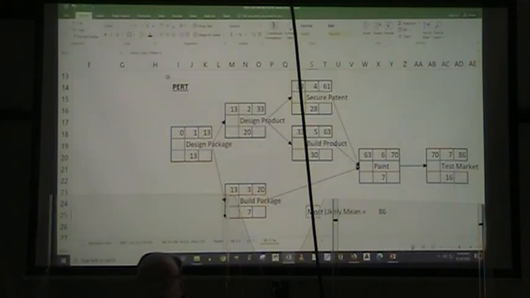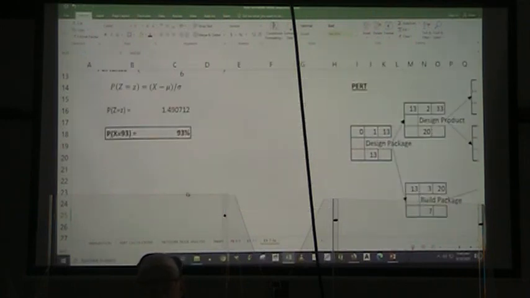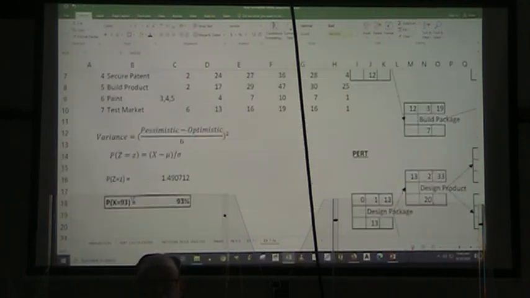All right, so here our PERT mean becomes equal to 86. So what effect is that going to have here?